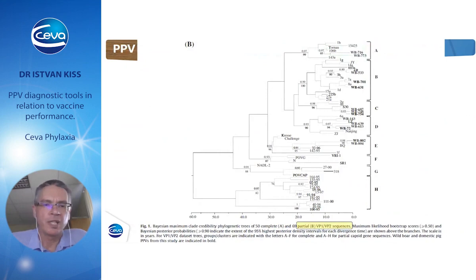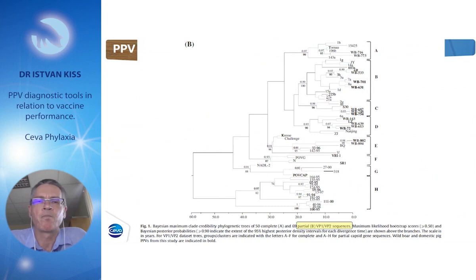If you go to a published tree, it's a different tree where you can see the grouping of the different PPV strains, and here on this tree, the 27A virus falls into group B.